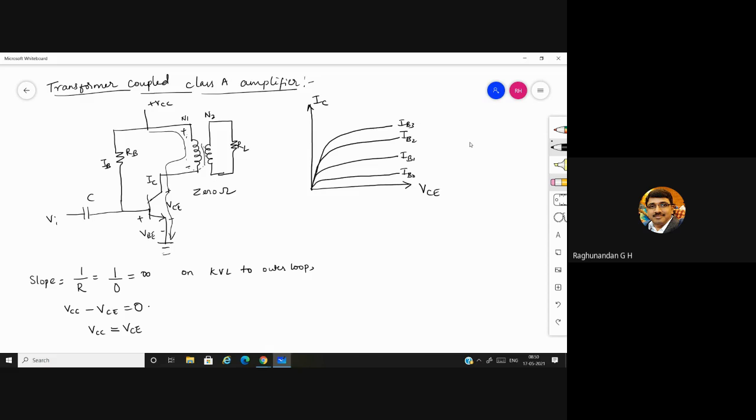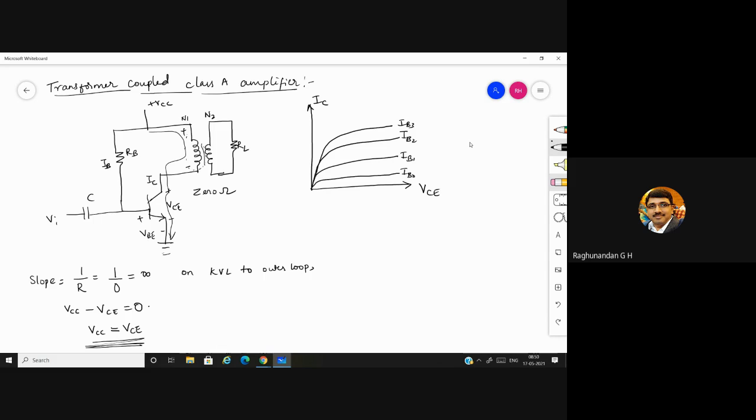But here the output equation we have got is this one. There is no IC parameter in it, so we cannot plot a point along the y-axis. In the equation itself we don't have the IC parameter, because the resistance is considered to be 0; the resistance of this coil itself acts as the collector resistance.